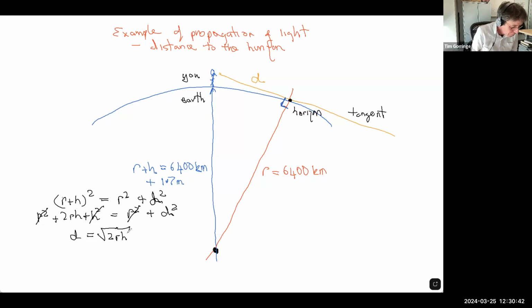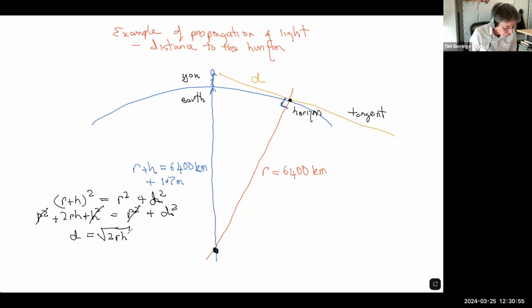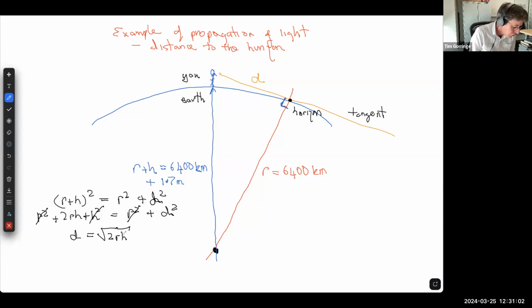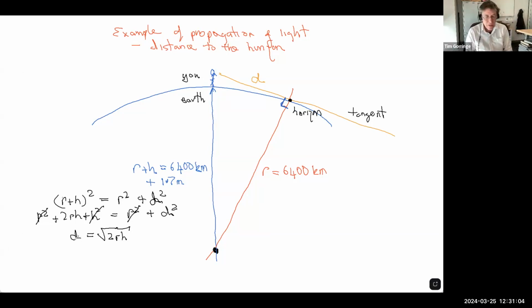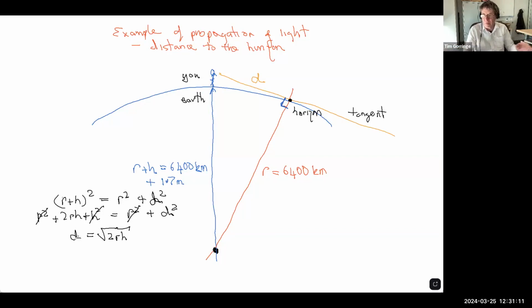So it's also going to depend on whether I'm on the beach looking out at the ocean, or whether I'm on a mountaintop looking out at the desert, or I'm in a plane looking out at the ocean or the desert. So it's going to depend on the elevation, the height of my eyes above the surface of the Earth. And you'll notice here that we would see to a greater distance, the horizon would be at a greater distance, if the planet was bigger.